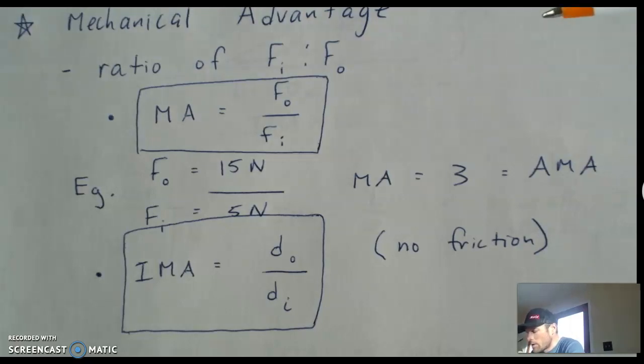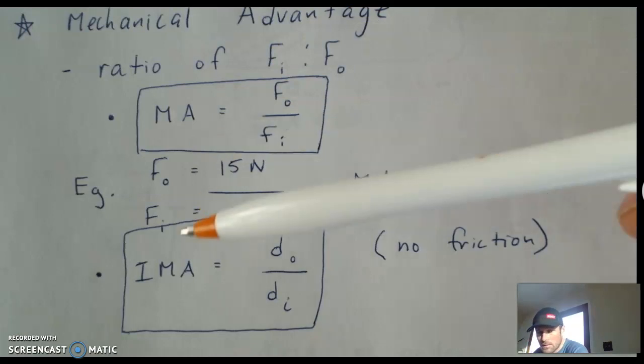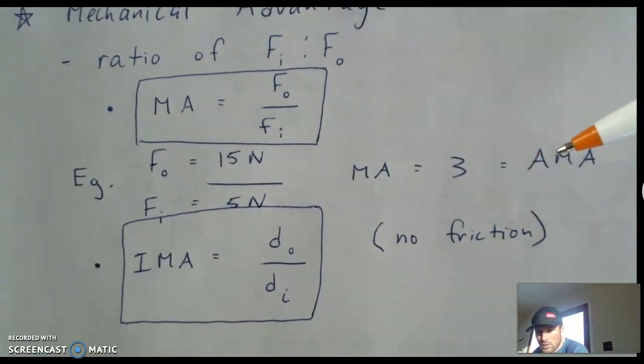And we differentiate that from ideal mechanical advantage because an actual mechanical advantage is going to take into account the friction in a machine. The ideal mechanical advantage does not take into account friction. And we can calculate the ideal mechanical advantage of any of the 6 machines by looking at the output distance divided by the input distance.